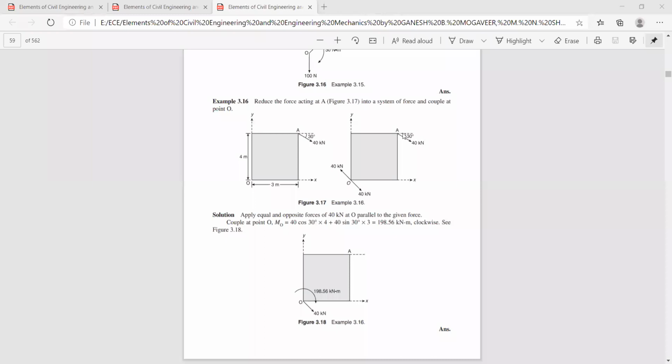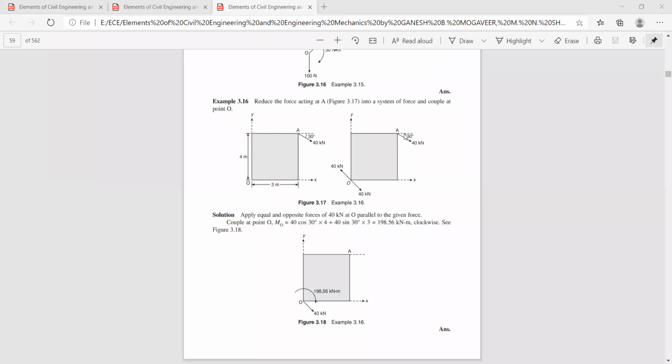And if you resolve this force, its vertical component is 40 sine 30, acting in the downward direction. When you take the moment about this point, this distance is 3 meters. So it also creates a clockwise moment. Both the components, the x component as well as the y component, create a clockwise moment.